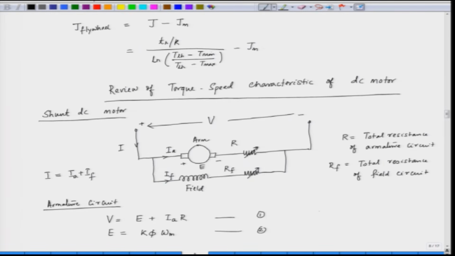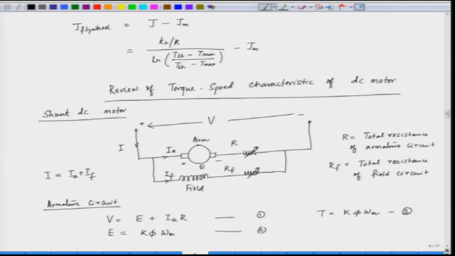And we have the third equation, which is the torque equation. Torque is given by K phi into IA. So, these are the three equations of a DC motor. The voltage equation, V is equal to E plus IA into R. The back EMF equation, E is equal to K phi into omega m.